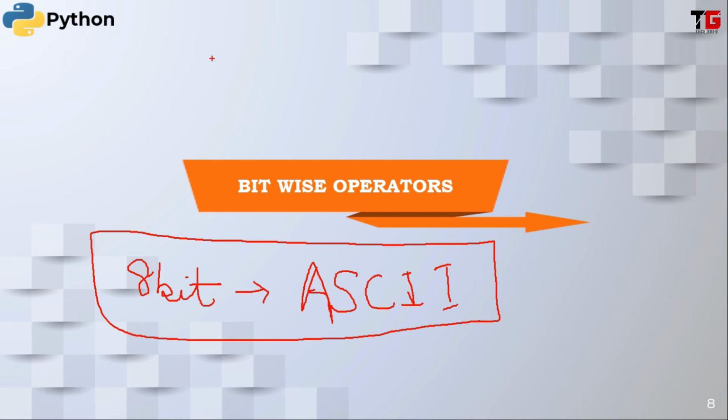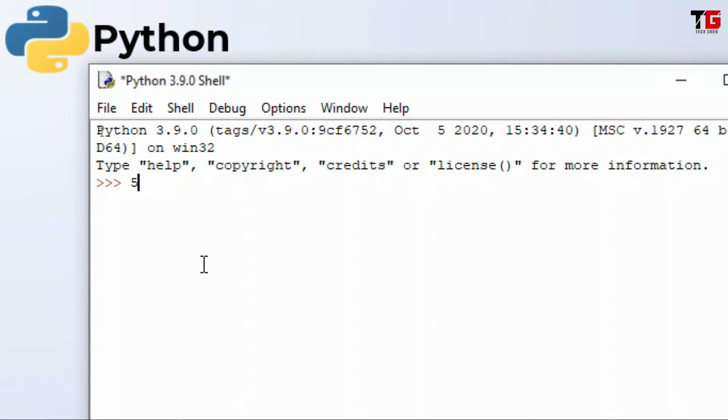Now let's see it practically. Friends, I am writing 5 and 6. This AND is my bitwise AND operator. Let's see its output. I got 4. Now let's understand how it is calculated.